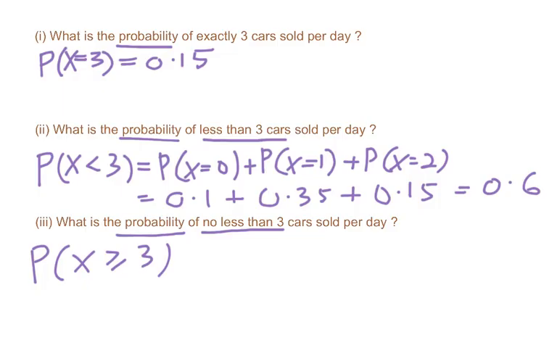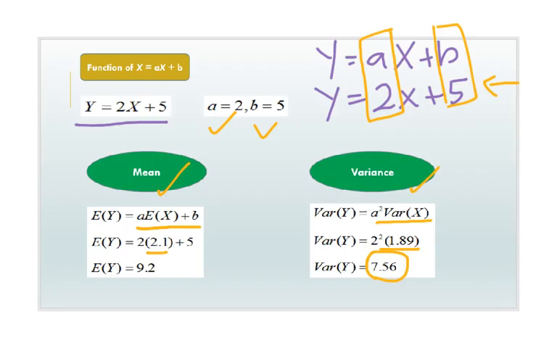So we have the probability of x equals to 3 plus the probability of x equals to 4. That is our probability value for x greater than or equals to 3, or no less than 3. Again, for x equals to 3 and x equals to 4, we refer to our probability distribution.